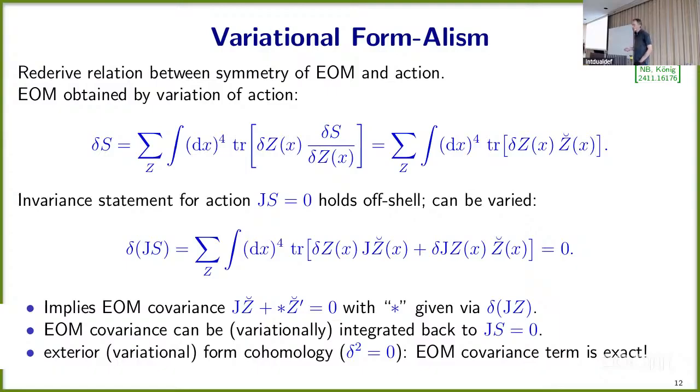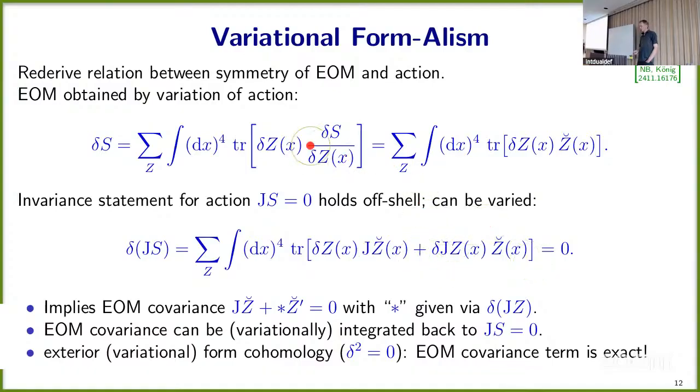Now, you can apply this also to a symmetry statement. The invariance statement for the action is that the symmetry generator annihilates the action. And this is a statement which holds off shell. It must hold whether or not the equations of motion hold. Because it's off shell, you can vary it again, and you will get a statement like this one. This is precisely the covariance statement for the equations of motion, in the sense that you have the transformation of the equation of motion plus some other terms.